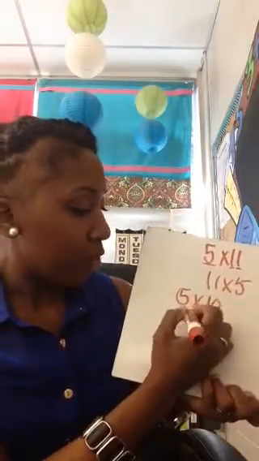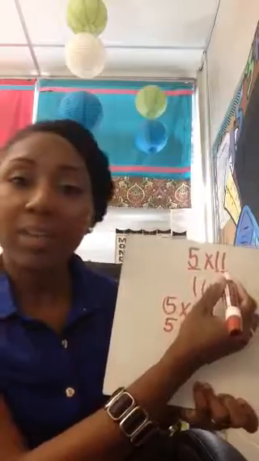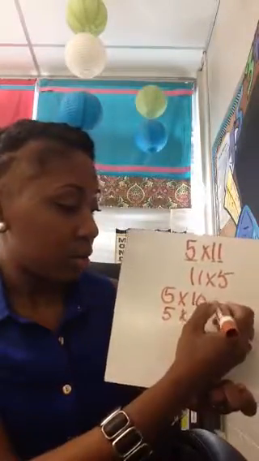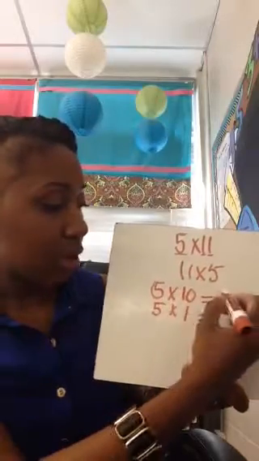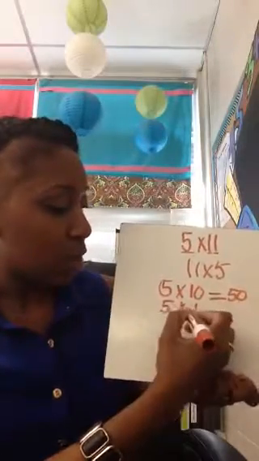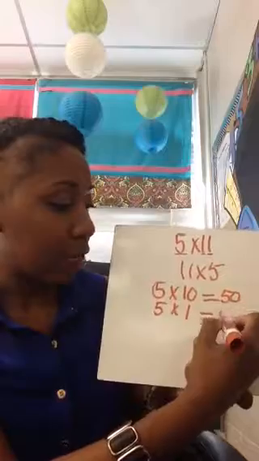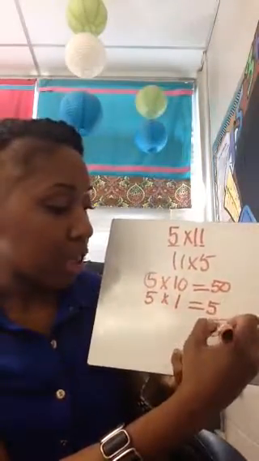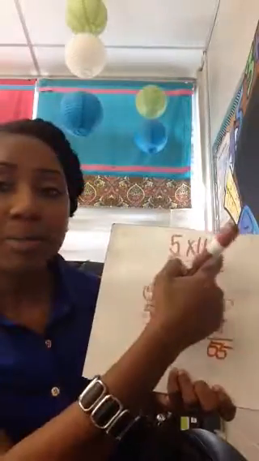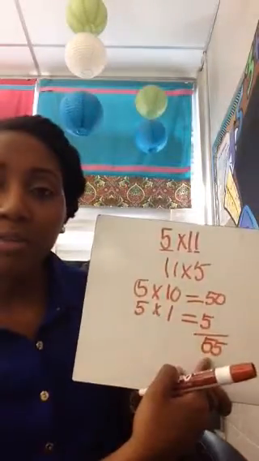And then we're going to multiply 5 times 1 because 11 has 1 one. I'll multiply each of these: 5 times 10 is 50, and 5 times 1 is 5. If I add those two up together, I get my product of 5 times 11, which is 55.